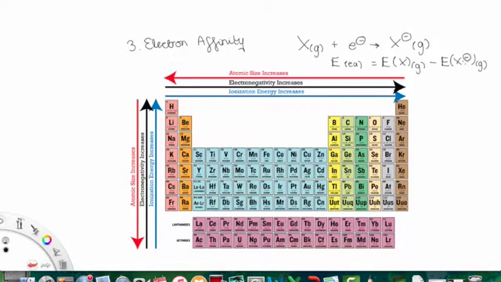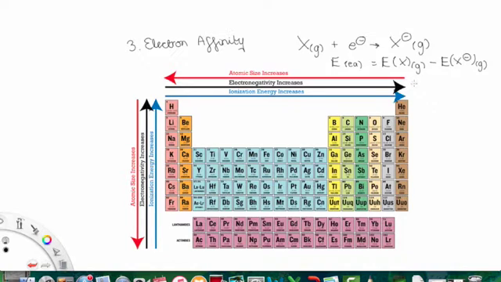Okay, but now let's talk about the trend. Electron affinity generally decreases down a group of elements, so it follows a similar trend to electronegativity. This is because of the atomic radius trend that we discussed before. This means that an added electron is further away from the atom's nucleus compared with its position in the smaller atom.